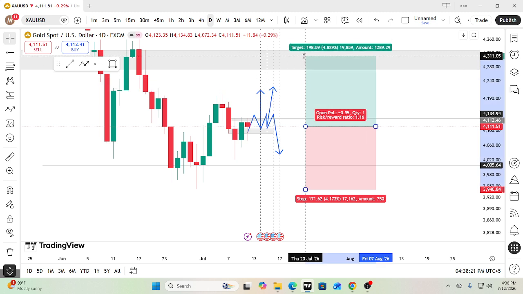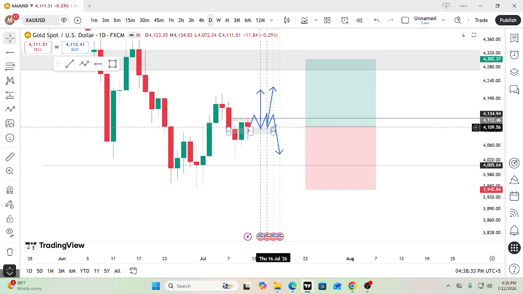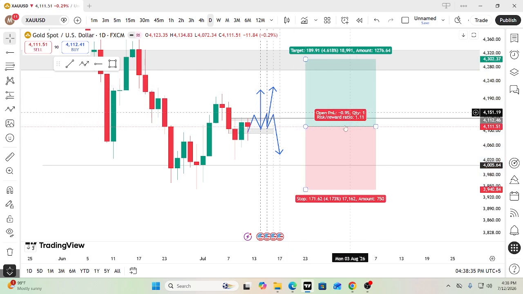The 1:1 target will complete at which point? 4307, almost 4305. If we enter the market for buy, this is a 1:1 trade.